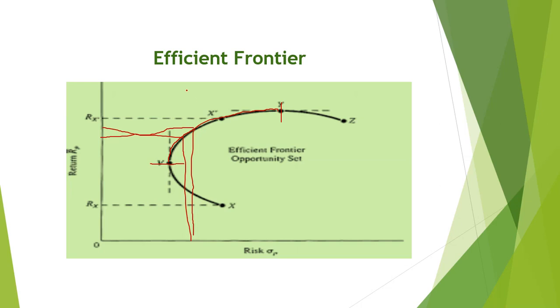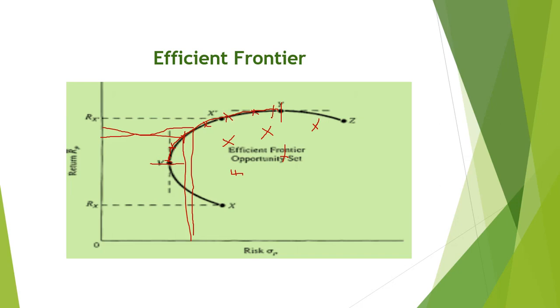Over here we have the unattainable set, and below the efficient frontier is the attainable set. The points over here are known as inefficient points, and the points on the curve are known as the efficient points.